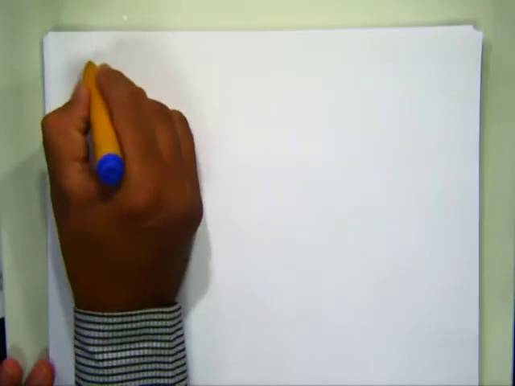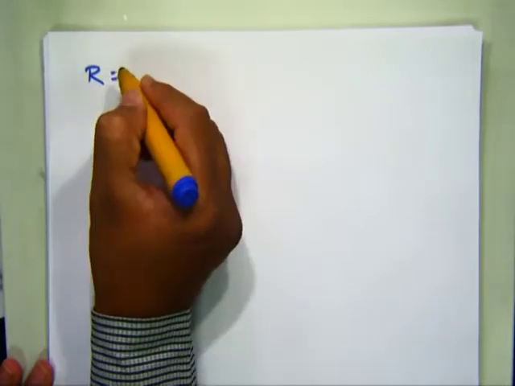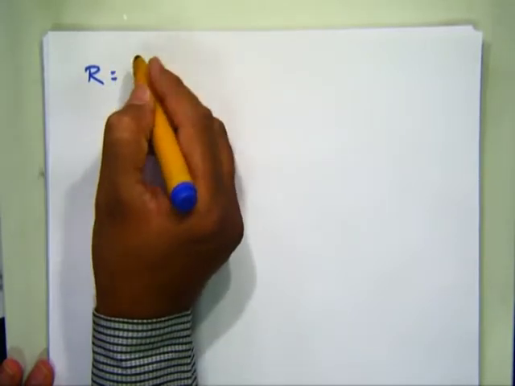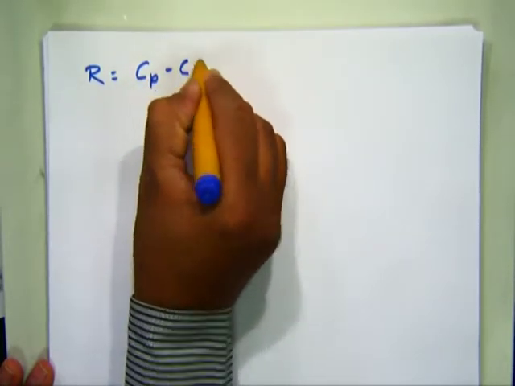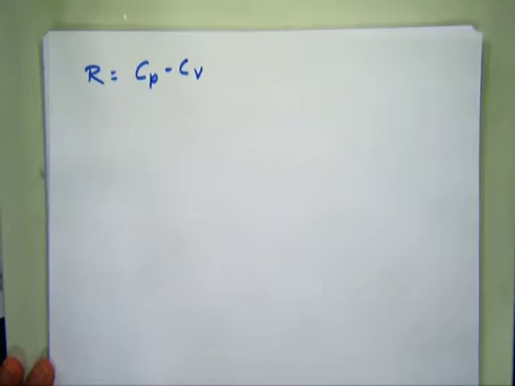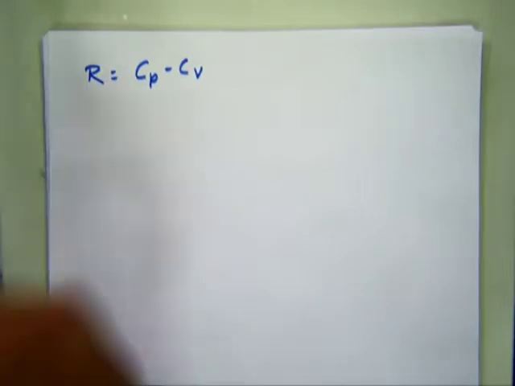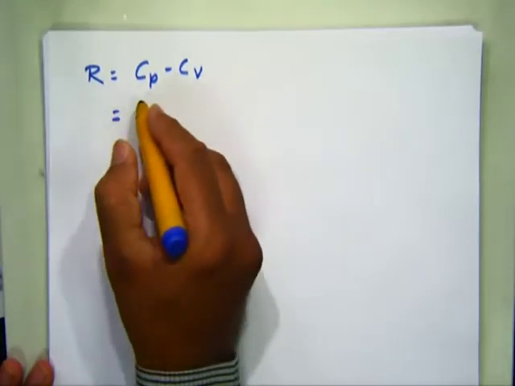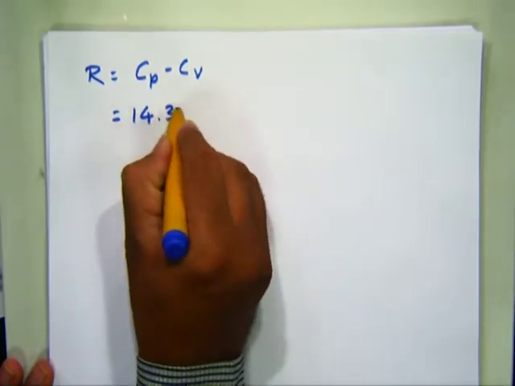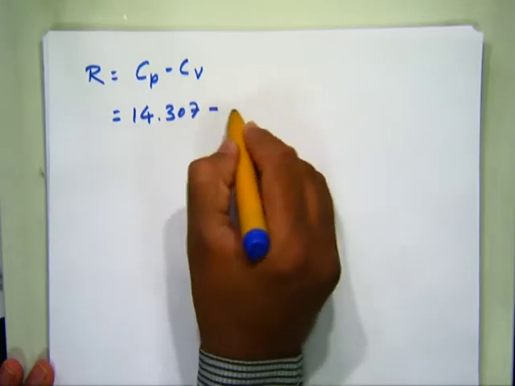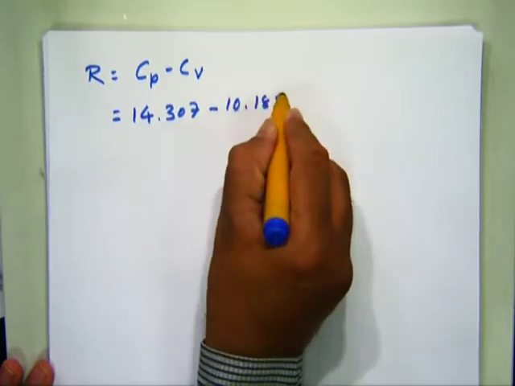Now you have R is equal to Cp minus Cv. So it is equal to 14.307 minus 10.183.